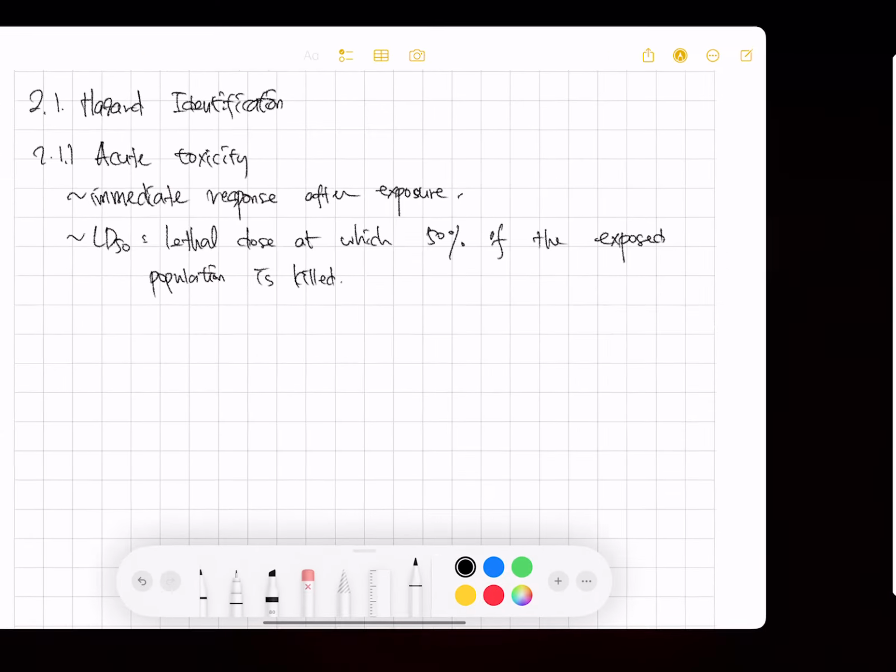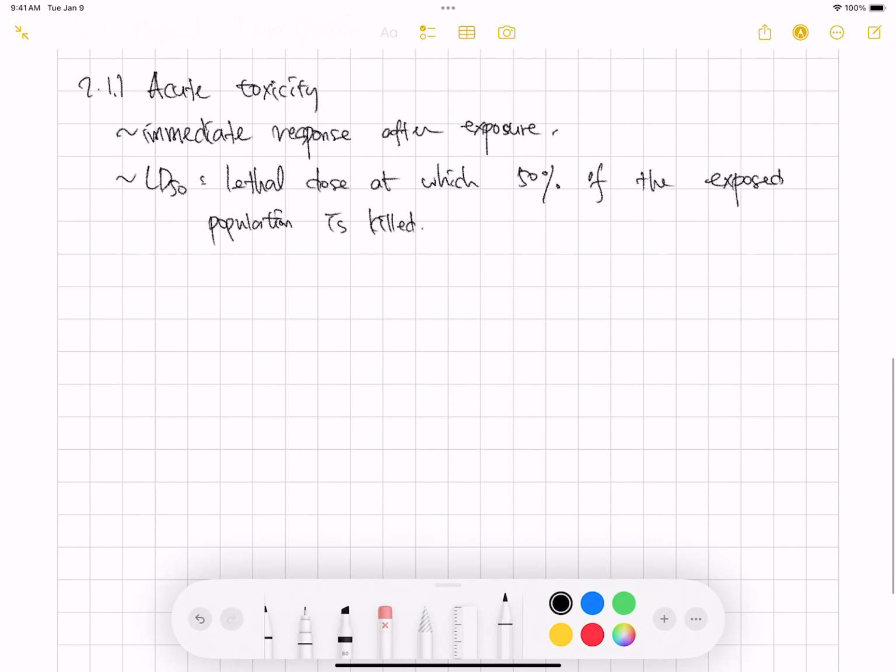All right, so that's about the acute toxicity. And chronic toxicity. There is another type of toxicity, which is chronic toxicity.